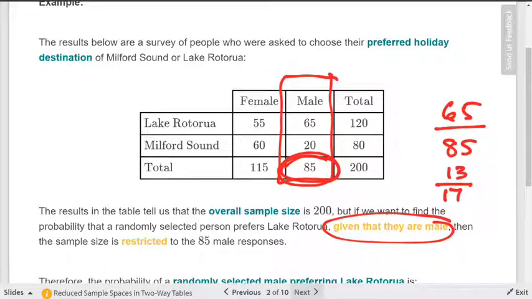So, anytime they give you a restriction on these, that's the hardest part of using two-way tables to find information. Now, in this one, they're giving you something very straightforward. You can only consider males and see their preferences in this case. What if I said that you're restricted to only those people who chose Milford Sound?